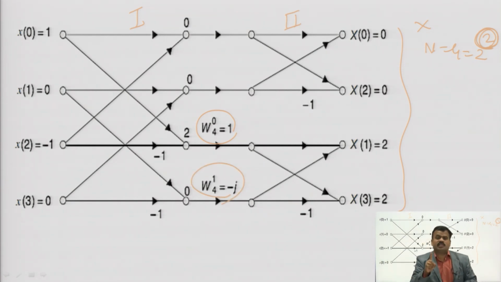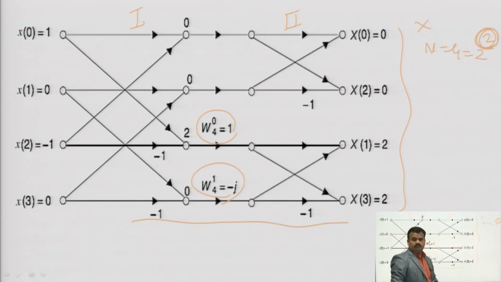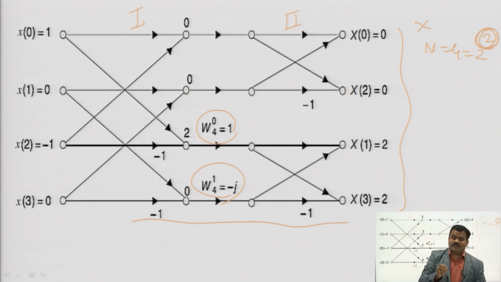So, if N is equal to 4, then these twiddle factors will be the same. If N is equal to 8, then the twiddle factors will be the same. All the things, the whole structure, will also be the same. This is the biggest advantage of the FFT algorithm.